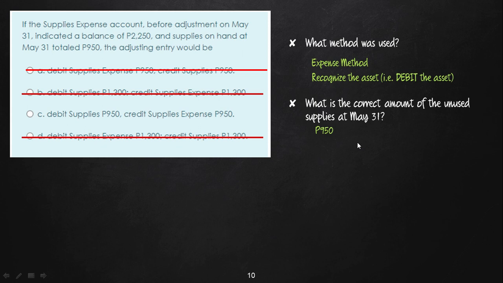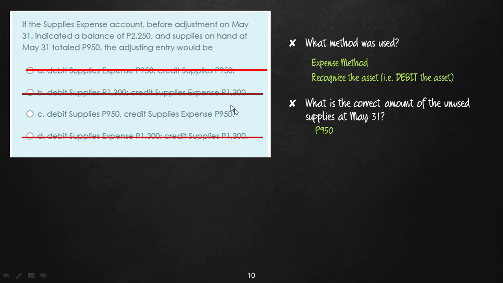Ako na-notice tas murag na ato yung sa ka-number no nga weird kayo sa ato ang LMS kay duha yung correct answer no. So kani atong gi-discuss karon class mao gini siya correct answer, okay? So debit supplies and then credit supplies expense. What did we do here? We recognize nga naay supplies nga asset nga 950 kay mao man naa sa iyahang supplies on hand at the end of the period.